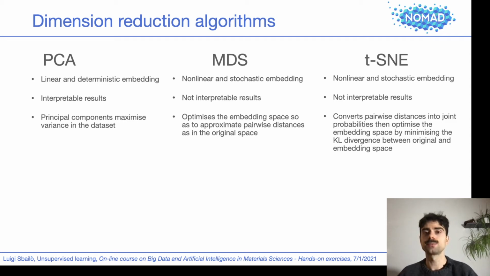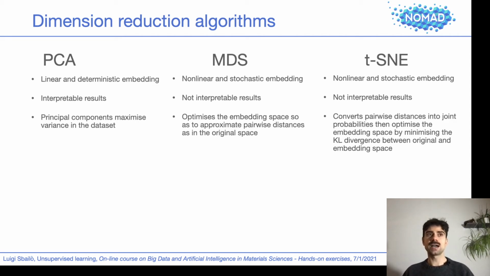minimizing the Kullback-Leibler divergence. What happens is that MDS focuses on the distance, so distances in an MDS plot are more meaningful of how they would look in the original space. In t-SNE, this does not happen. On the other hand, t-SNE is able to delimit clusters with more precision, I would say, so it's easier to isolate the clusters.